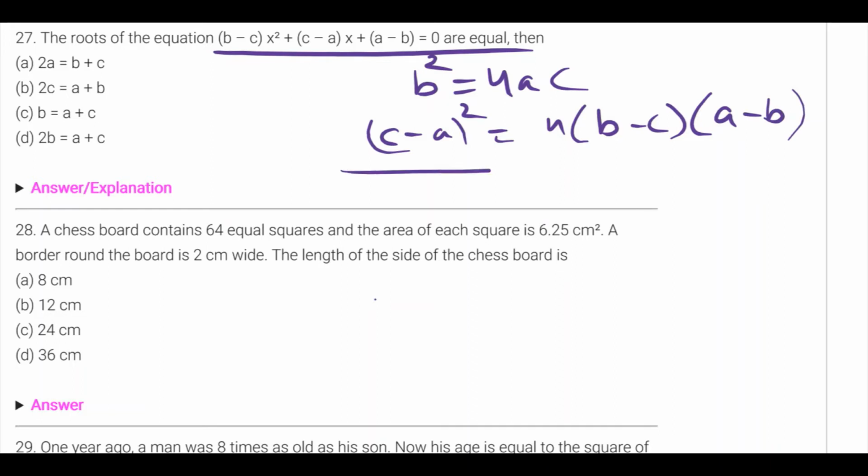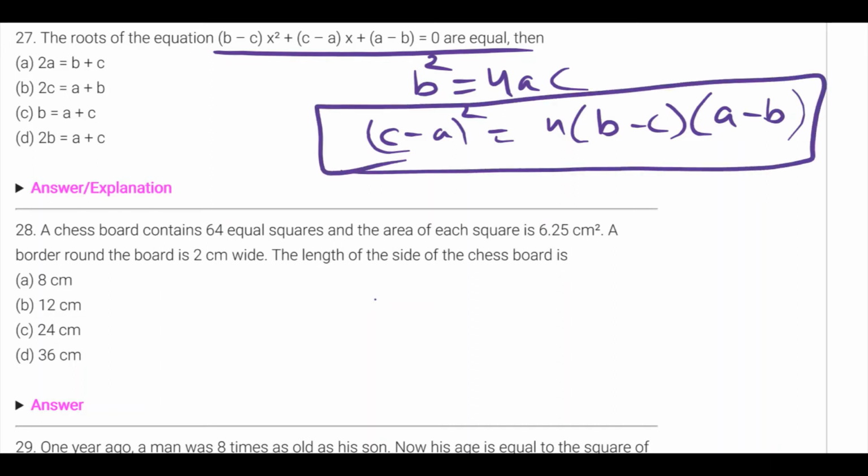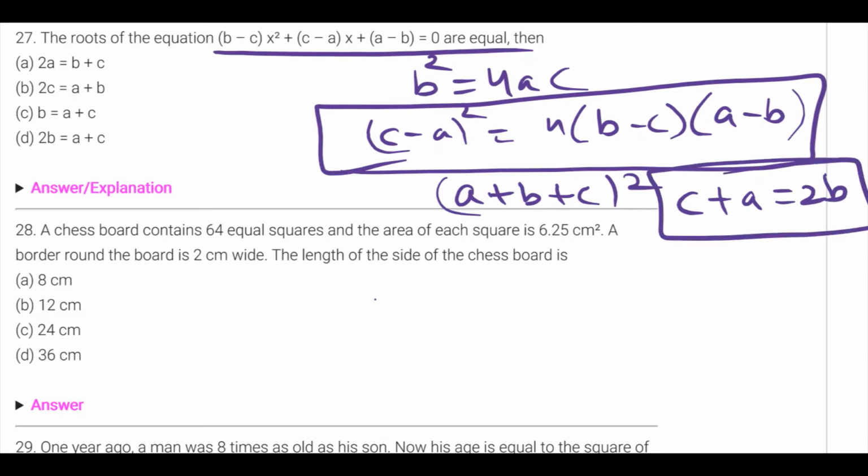Here we are going to get a complex equation which is of the form (a plus b plus c) whole square. So for CBSE 10th class this is not required. For this the answer is c plus a equals 2b. Let's try to cover this question.